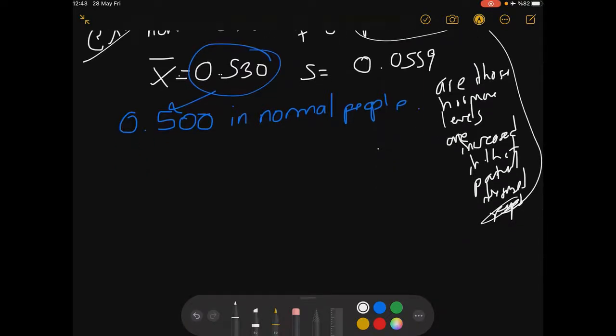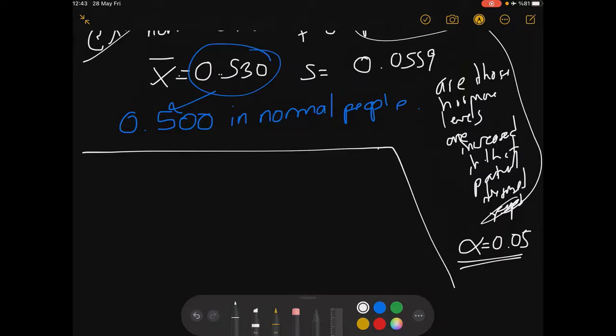It means that your alpha should be decided first. Let's suppose we want to make an inference with 95% confidence. So what would be your H0 hypothesis here?